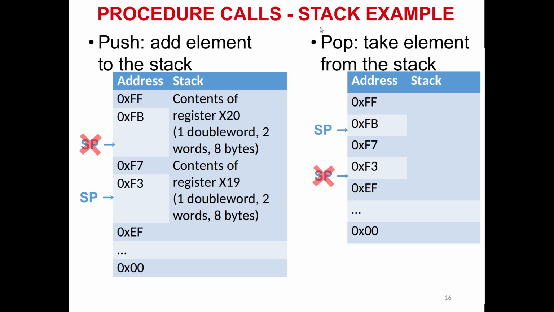Another operation with the stack is pop, which takes an element from the stack. In order to pop data out from the stack, you read the data out from the memory shown by the stack pointer, and then you increase the value of the stack pointer by 8 to jump back to the next data that you can take out from the stack.